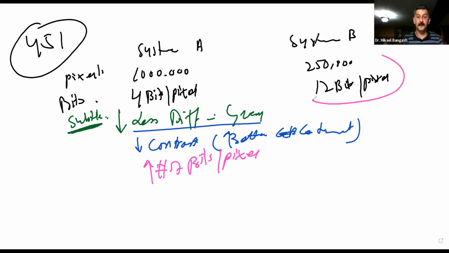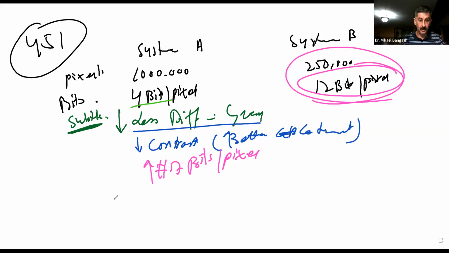So that would be this one here, because each pixel had 12 bits, whereas here each pixel only had 4 bits.